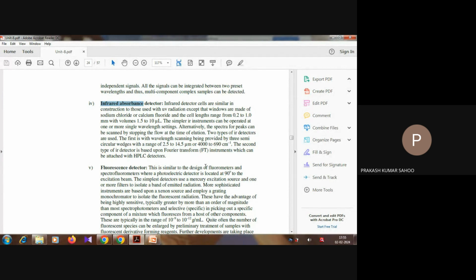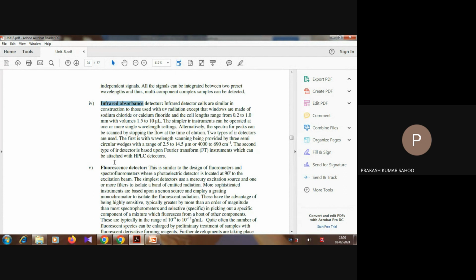The range of the IR wavelength is around 4000 to 690 centimeter inverse. This is the range, or we have 2.5 to 14.5 micrometer.